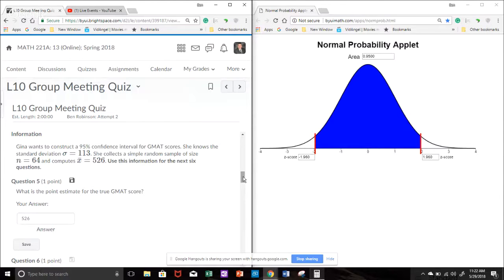Standard deviation is 113 divided by the square root of 64. Okay, and that number we have to times by 526.